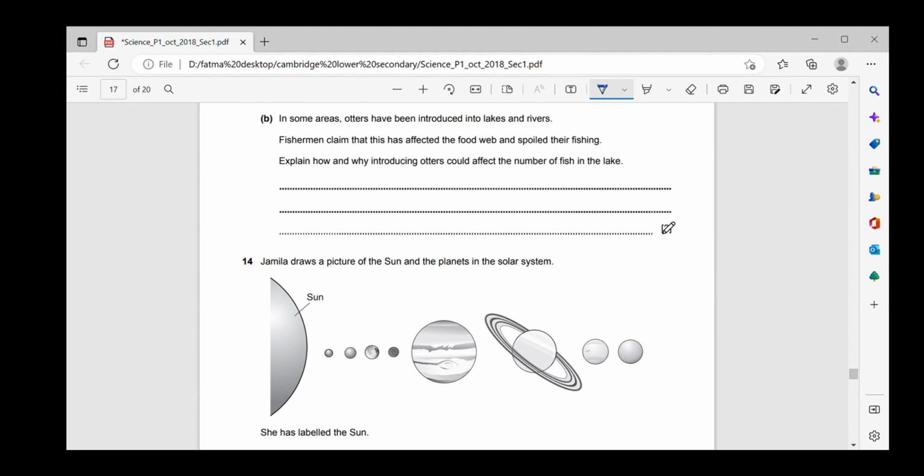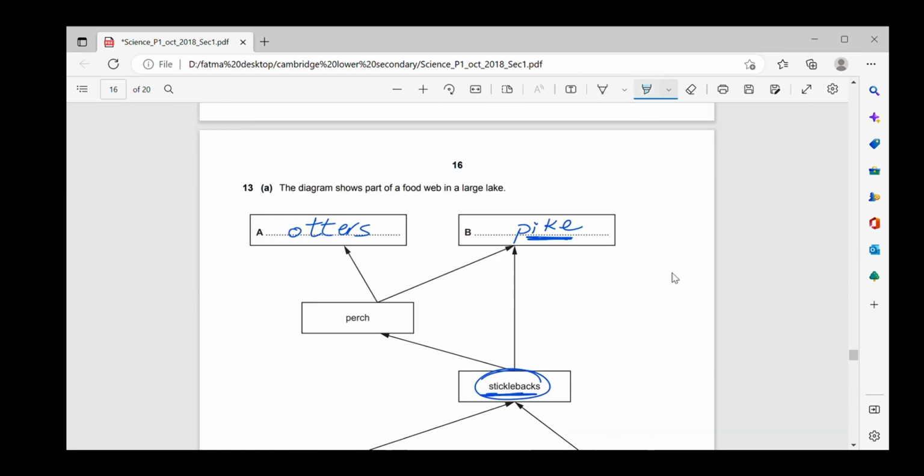Next part. In some areas, otters have been introduced into lakes and rivers. Fishermen claim that this has affected the food web and spoiled their fishing. Explain how and why introducing otters could affect the number of fish in the lake. What do the otters do? Why do the otters affect the number of fish? The otters eat the perch, which is a fish.